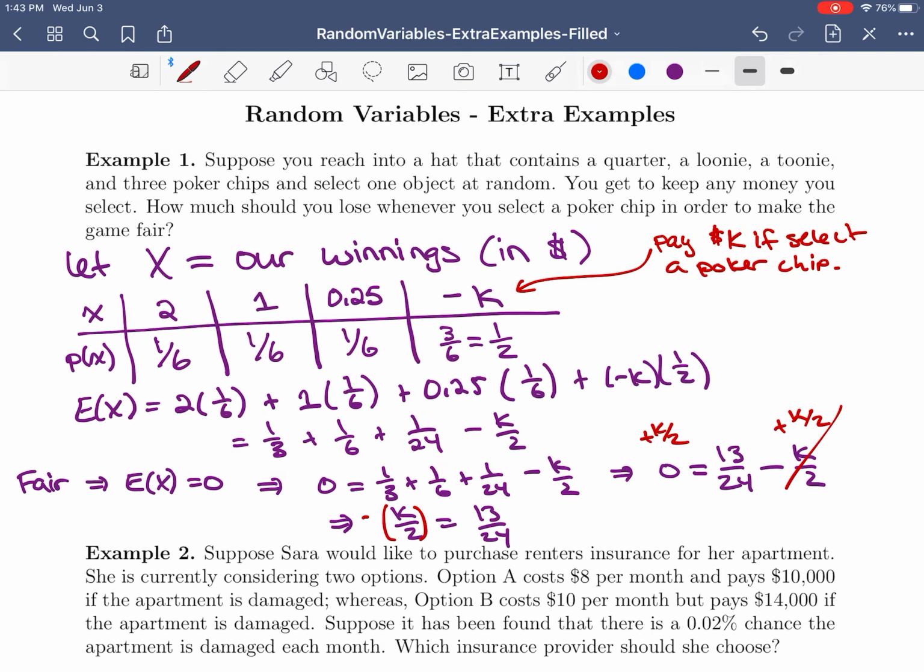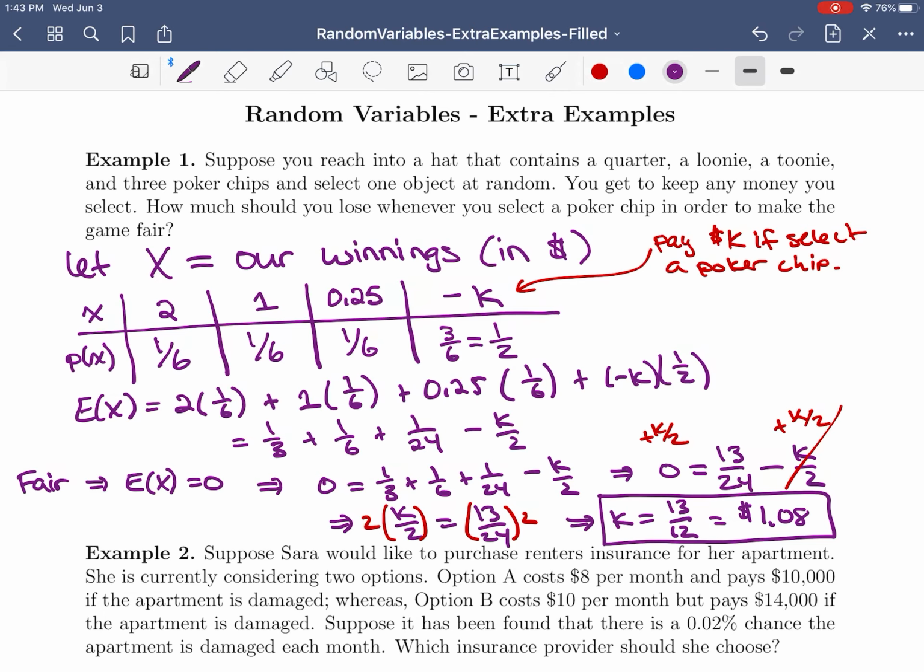Now I want to multiply by 2 on both sides to get rid of the 2. So K is going to be 13 over 12, which as a decimal is $1.08. So we need to pay $1.08 if we pick a poker chip in order for this game to be fair.